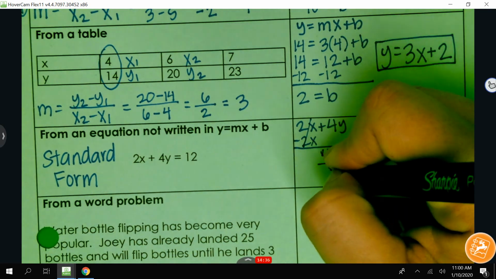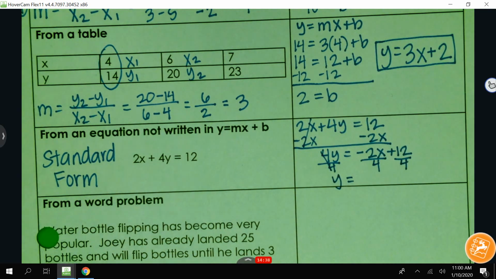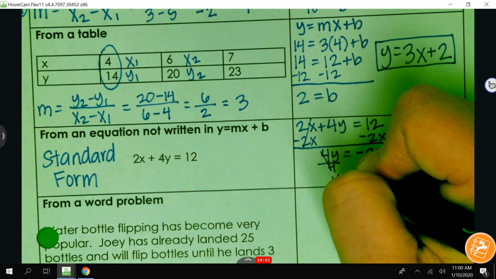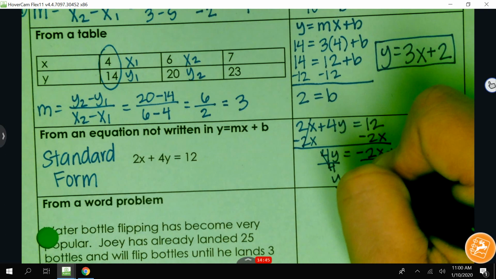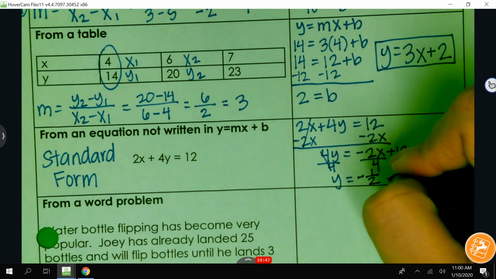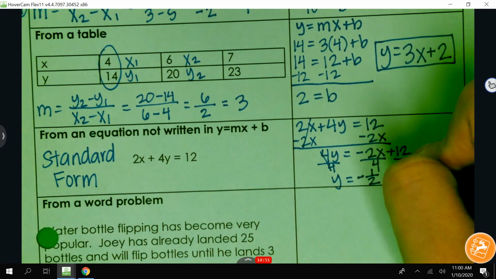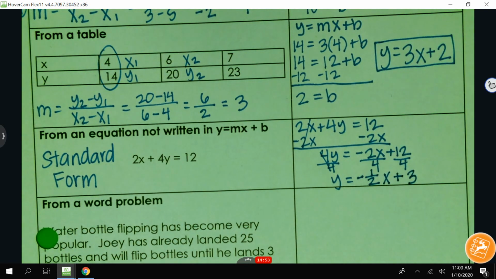So you're left with y equals, what's negative 2 divided by 4 simplified? Negative 1/2. So you have negative 1/2 x plus 3.